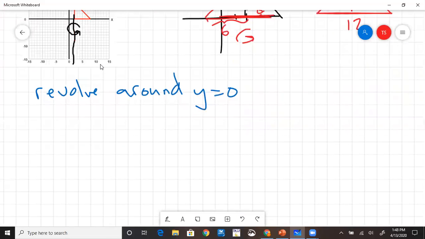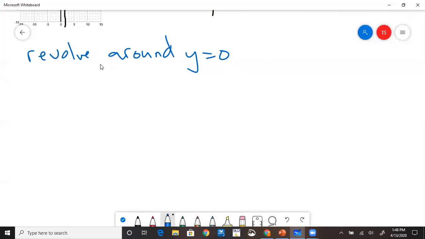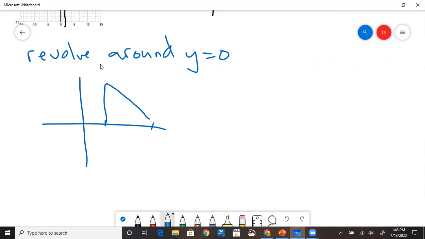So if I look at my original, I had a triangle. It started at 2, went out to 8, and up to 6. Looks something like this. And we want to spin it around this way. Well, two-dimensionally, if I spin this around, it's going to come down and look something like that. And this upper side here was at positive 6. So now down here, I'm going to be down at negative 6.